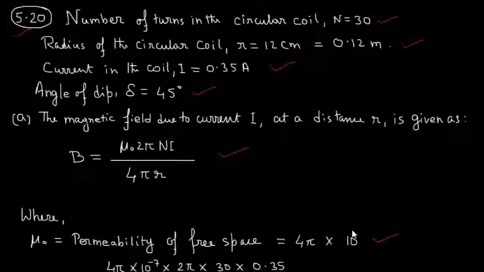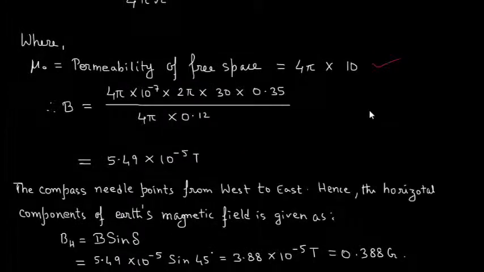Putting the values, we get B is equal to 4π multiplied by 10 to the power minus 7 multiplied by 2π multiplied by 30 multiplied by 0.35 upon 4π multiplied by 0.12. Upon solving, we get 5.49 multiplied by 10 to the power minus 5 T. The compass needle points from west to east.